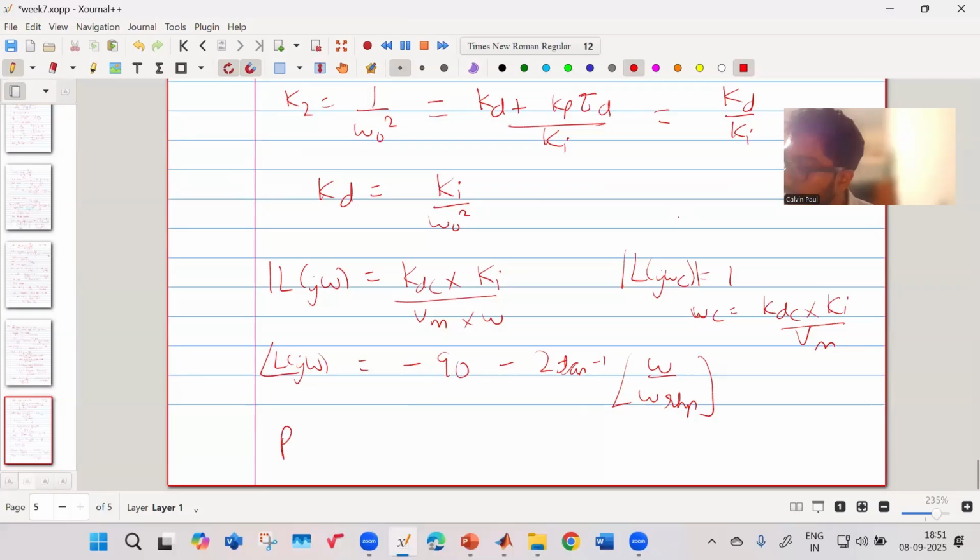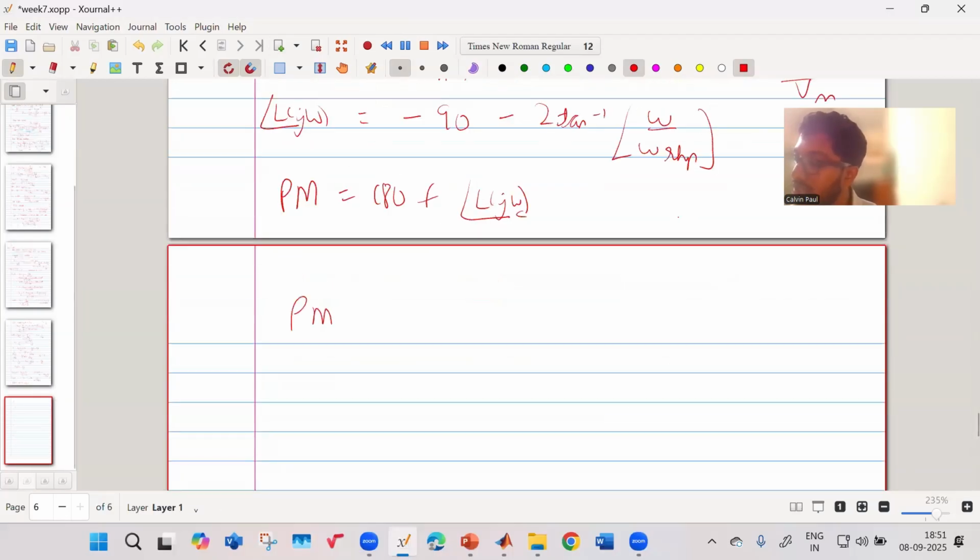Now we know your phase margin is 180 plus angle of Lj omega at omega crossover frequency. So we write it as phase margin is equal to 180 minus 90 minus 2 tan inverse of omega C by omega RHP.